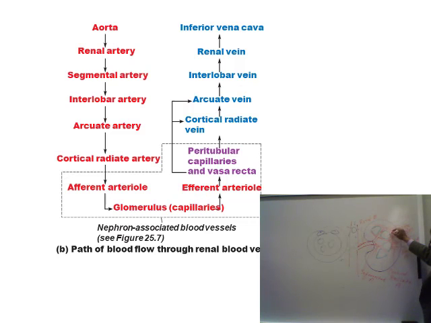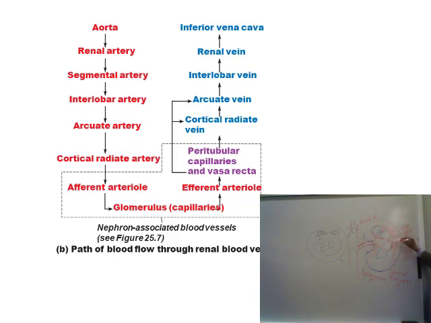Then from the segmental, branches arise and those branches pass through the renal columns, that means in between the pyramids, and these are called interlobar arteries. So these are the interlobar arteries. And then the interlobar arteries divide and the branches arise at right angle here and run along the base of the pyramid, and these are called the arcuate arteries.